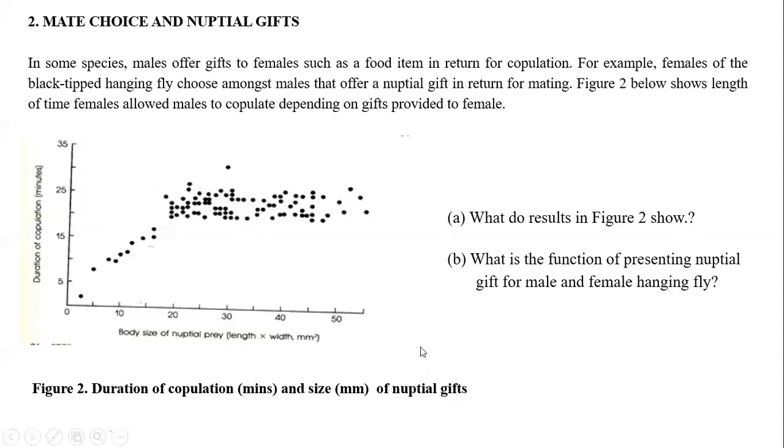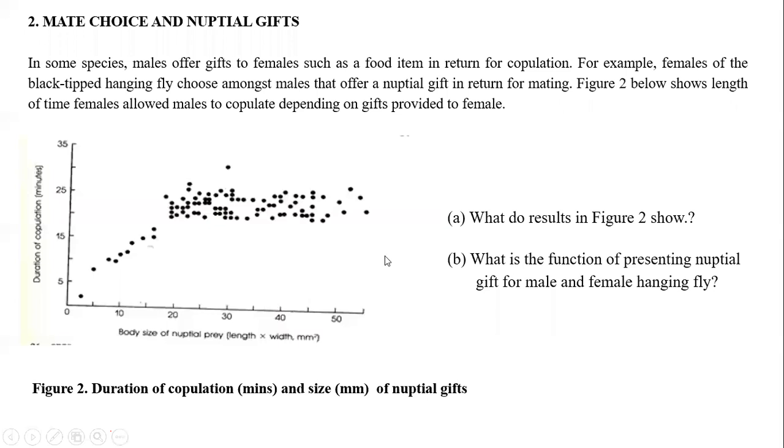I'm going to read again. In some species, males offer gifts to females, such as food items, in return for copulation. For example, females of the black-tipped hanging fly choose among males that offer a nuptial gift in return for mating. Figure 2 below shows the length of time females allowed males to copulate depending on the gifts that were provided to the female.